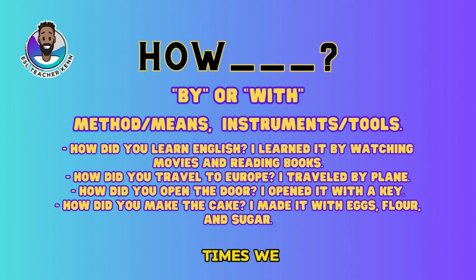Other times, we use an adverbial expression with by or with to show the method, means, or instrument that we use to do something. For example, how did you learn English? I learned it by watching movies and reading books. How did you travel to Europe?